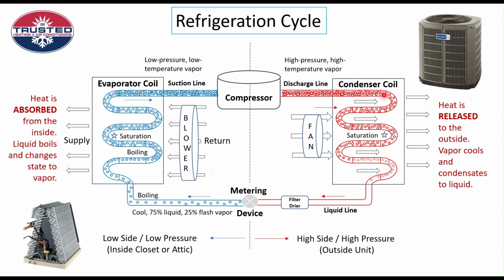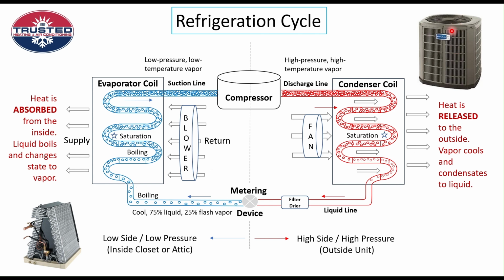That's why it's called a condenser. The reason it cools down is because the fan is pulling cooler air across these coils, and the heat is being rejected into the ambient air.